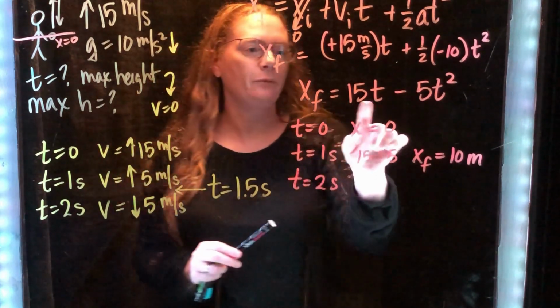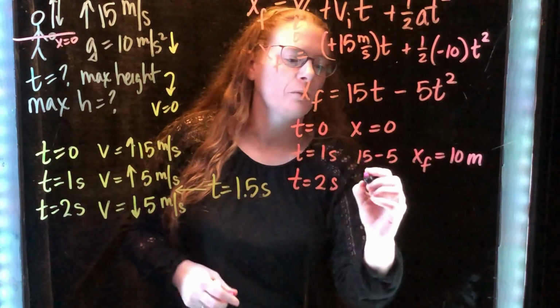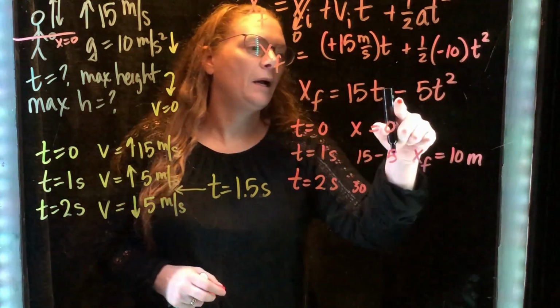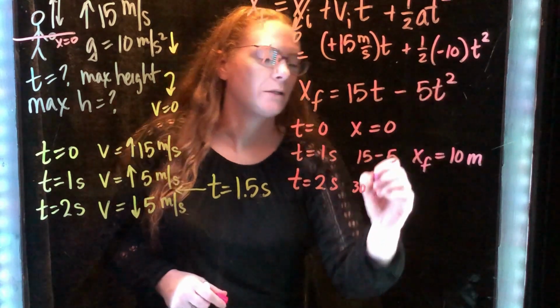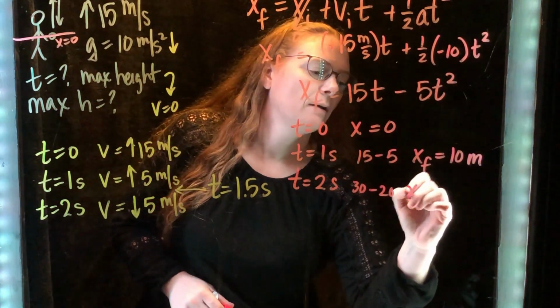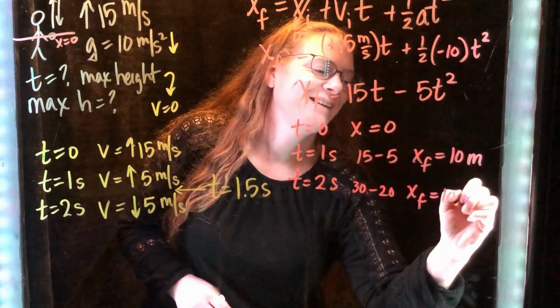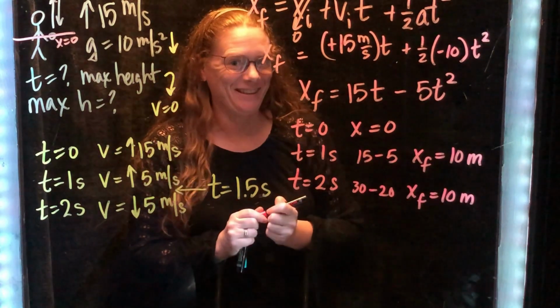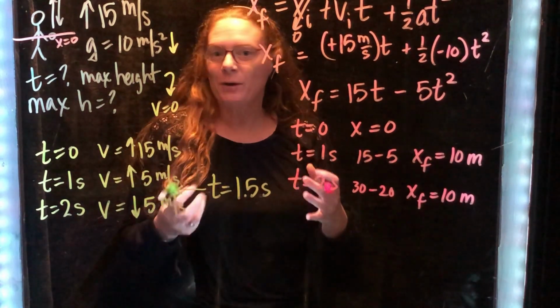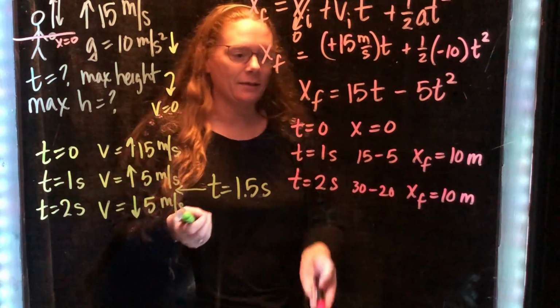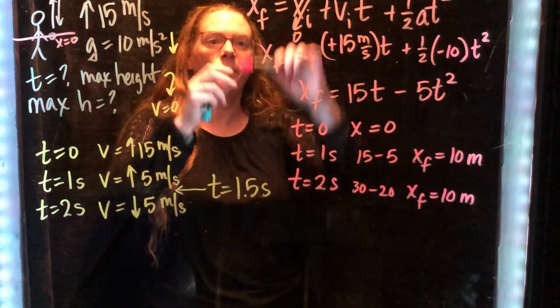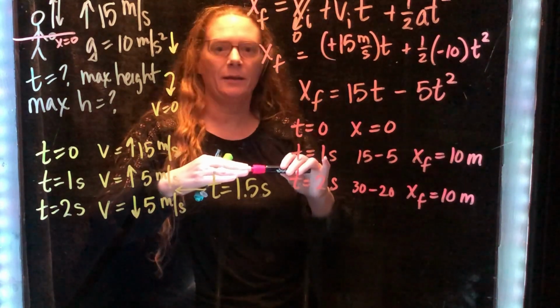2 seconds, what do we have here? 15 times 2, we have 30, minus 5 times 2 squared. 5 times 4 is 20, minus 20, x final equals 10. Did you get that? Did you predict that? I hope you did. This is one of the beautiful things, the symmetry of this kind of motion: it takes exactly the same amount of time to go up as it takes to go down to that same point.